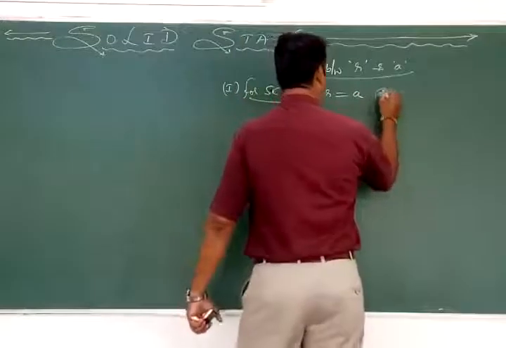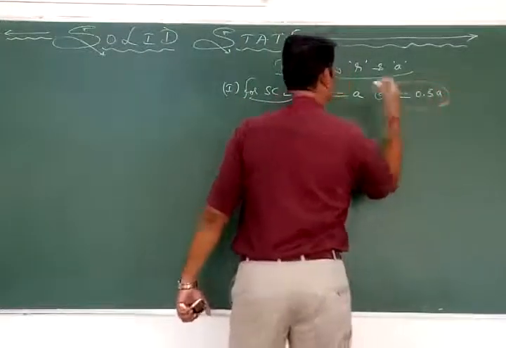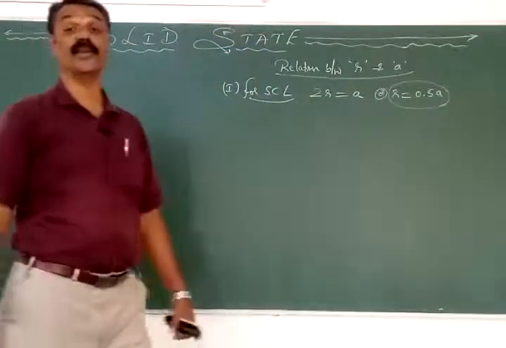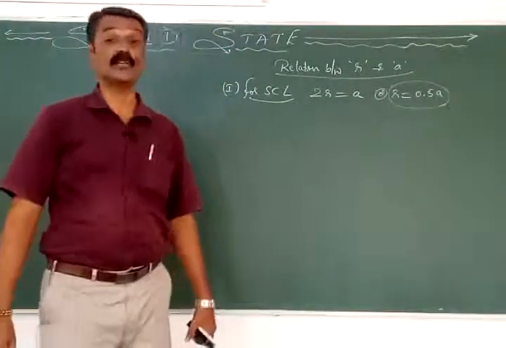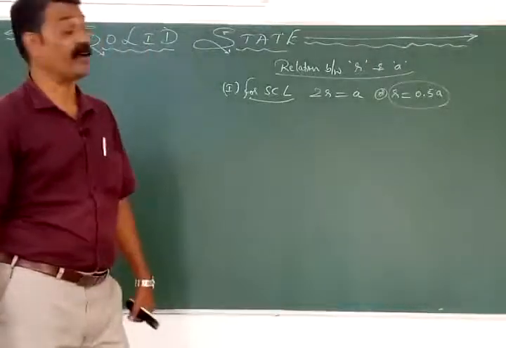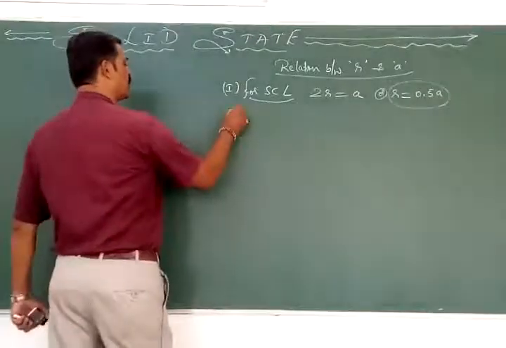I can say that R is equal to 0.5 times A. That is a useful relation that you have to remember while solving numericals related to this solid state. Radius is equal to half times A, where A is the edge length.